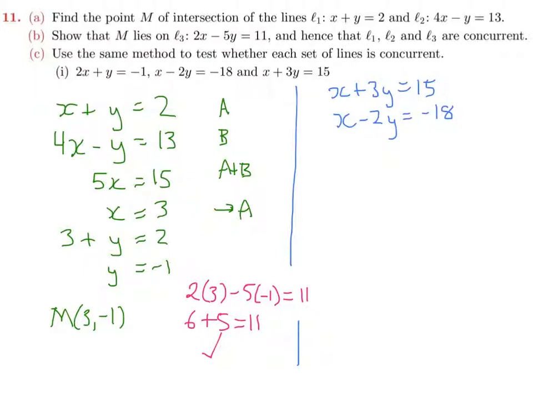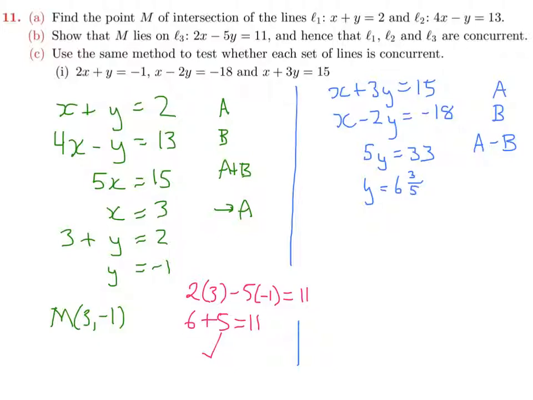Okay, let's call this equation A and equation B. If we subtract B from A, the x's disappear. 3 minus minus 2 is 5y. 15 minus minus 18 is 33. Therefore we have y is 6 3/5.